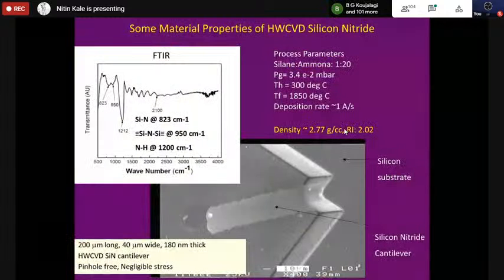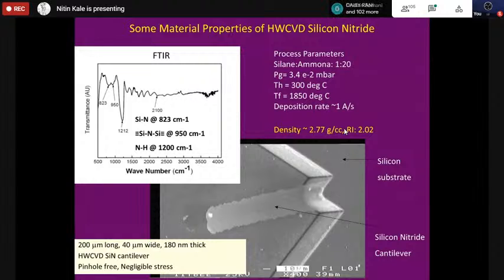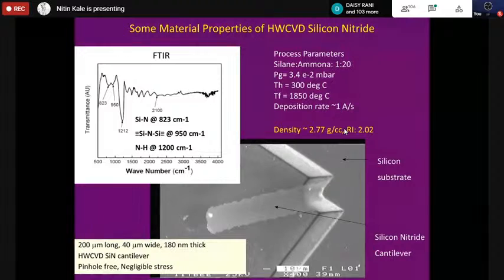The point that I wanted to mention is that, let's say you have a system, you deposit a material. When you deposit a material, you should know what its material properties are. So one way of finding out the material property is to do an FTIR to see if there are silicon nitride bonds. If I have deposited silicon nitride, I should know it. I can measure the density using various other techniques.